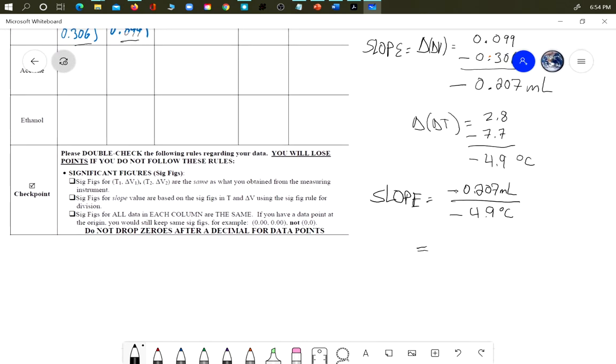So you see how nice the negative signs cancel out. So let's do the math. 0.207 divided by 4.9. This comes out to 0.422448898 milliliters for every degree Celsius.